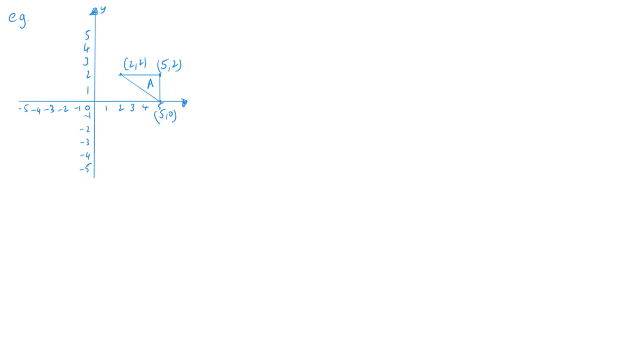Now let's have a look at reflection in the line y equals x. So again, the points are 2, 2, 5, 2, and 5, 0, and a reflection in the line y equals x is 0, 1, 1, 0. So it looks like that.